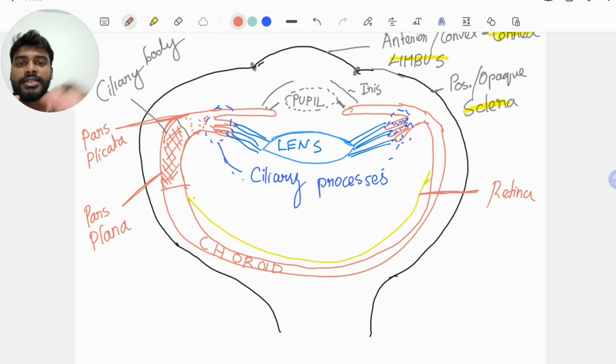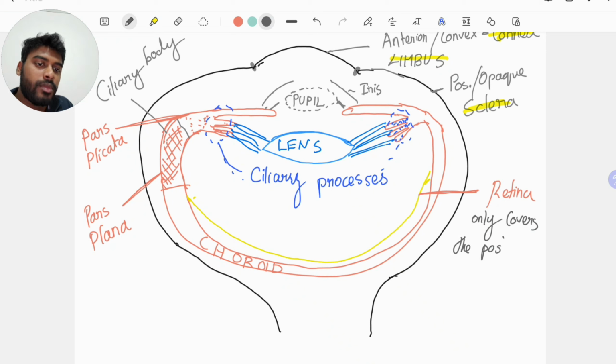The sclera covers the anterior and posterior, but the retina covers only the posterior, over the choroid. Now there are two spaces left out in the eye.